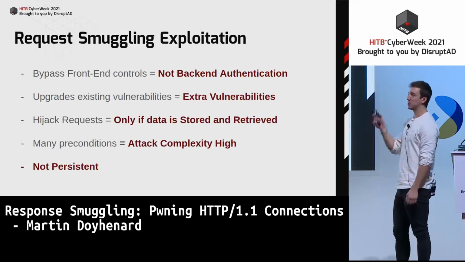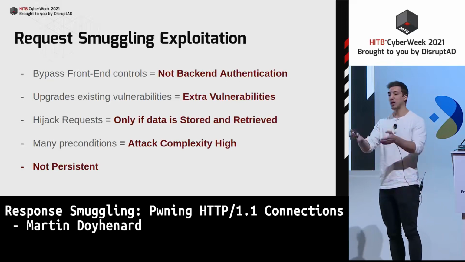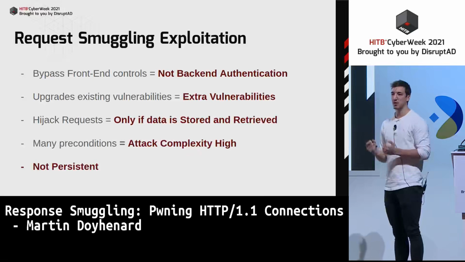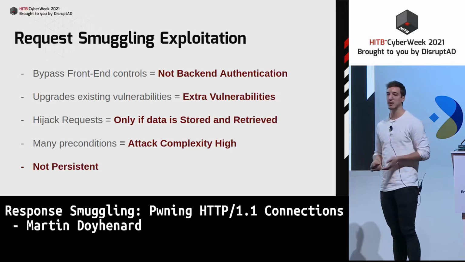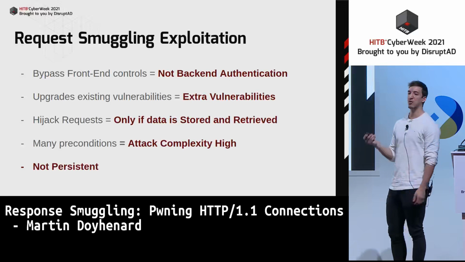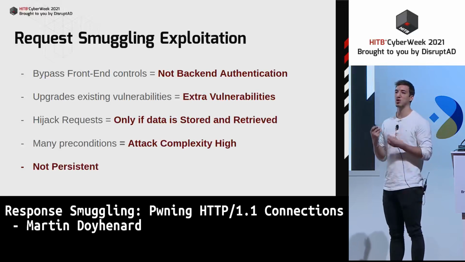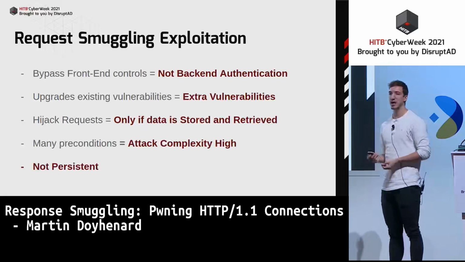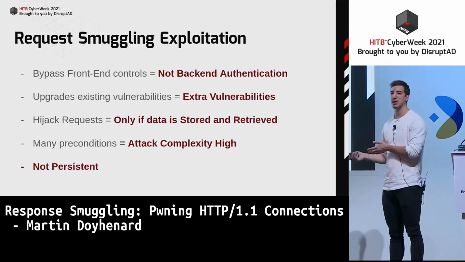We can also upgrade existing vulnerabilities, yes, but we need to have extra vulnerabilities before. So if we look at an application and we find HTTP desynchronization, but we don't have any other vulnerability, then this won't work. We can also hijack requests, yes, but only if we can store data and then retrieve this data, and this feature is not so common in many applications.